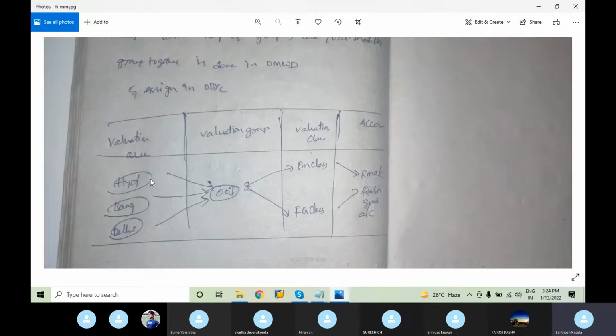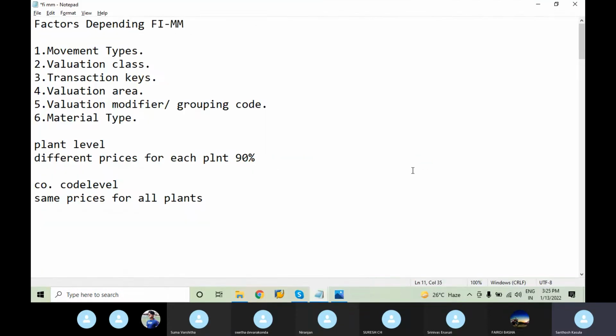When we define at plant level, we have different prices for different plants, and if we define at company code level, we have the same prices for all plants. So this is what the valuation grouping code is. Basically, valuation grouping code means clubbing together all the plants if it is valuated at company code level.